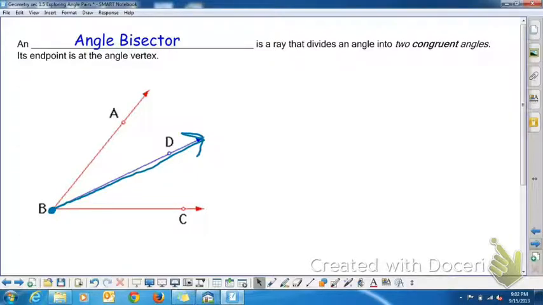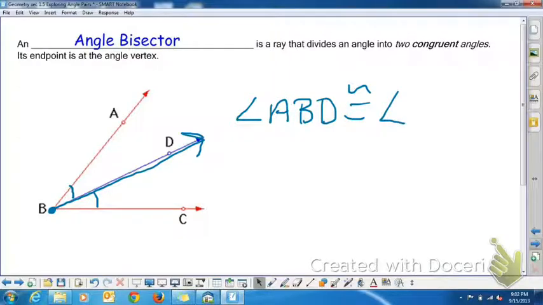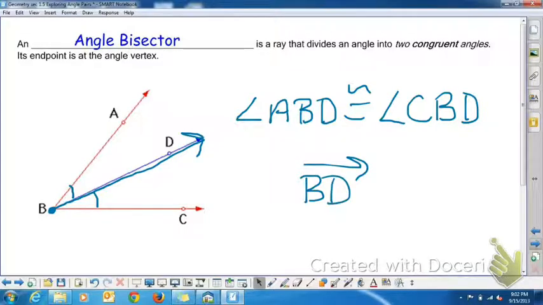And therefore, ray BD divides angle ABC into two congruent angles. So angle ABD is congruent to angle CBD, because ray BD is the angle bisector.